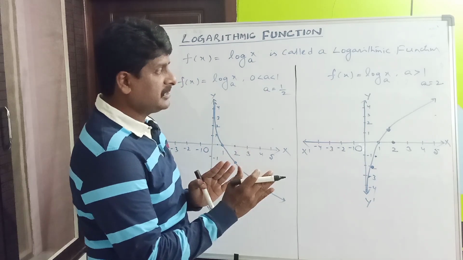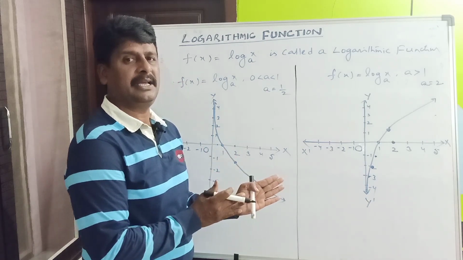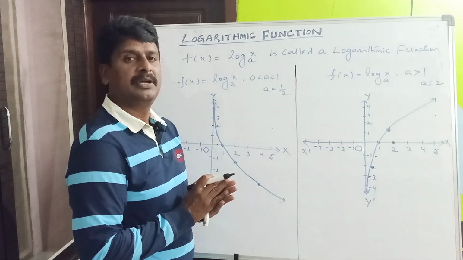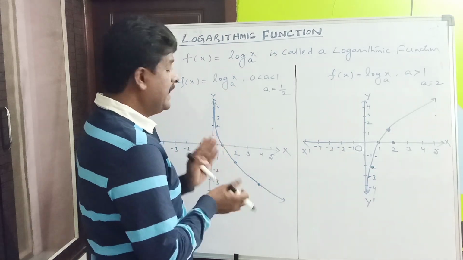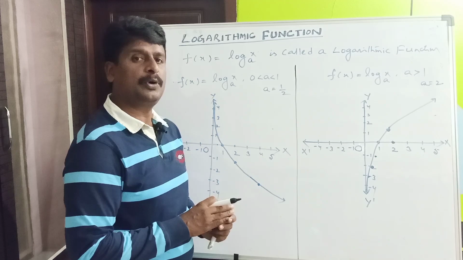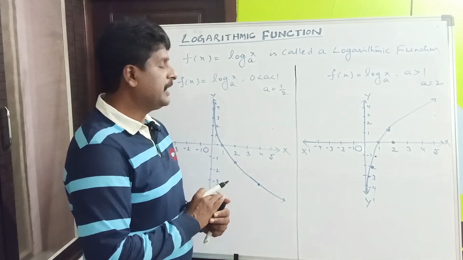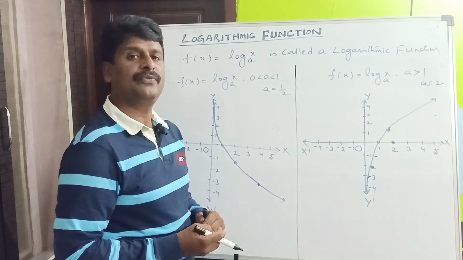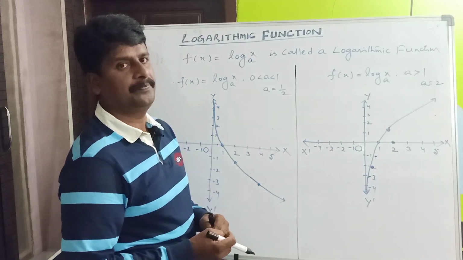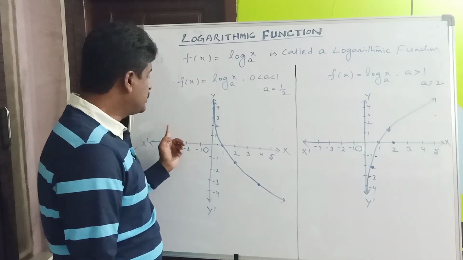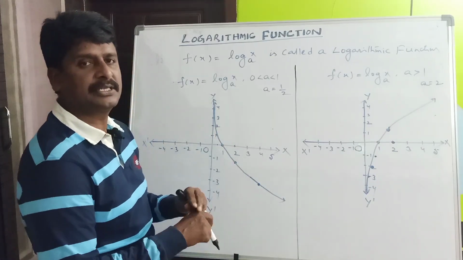So a power x and log x base a have a close relation. Their graphs are symmetric about the line y is equal to x because both of them are inverse functions to each other. As we discussed earlier, can you check whether it is one-one or not?